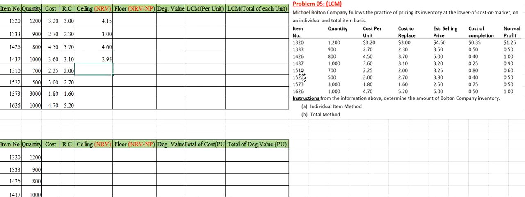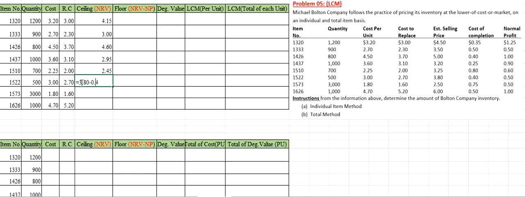Now for item 1510, our selling price is 3.25. Let me use the equal sign first. 3.25 minus 0.80. Then for the next item we have our selling price as 3.80 minus 0.40. I have not used the equal to sign again, sorry for that.